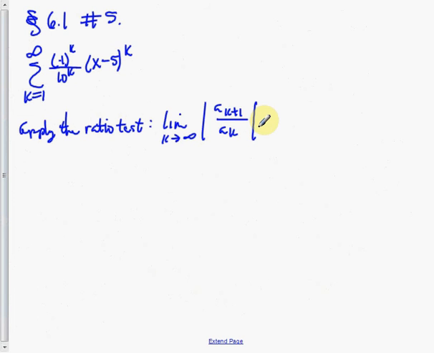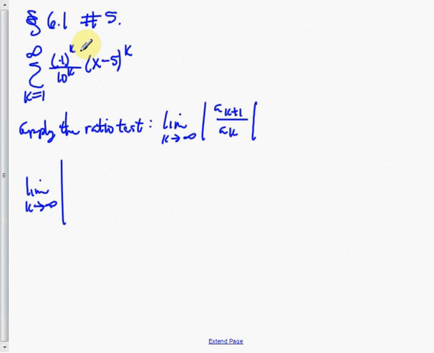Here, since we have this multiplier of x, you can manipulate even the ratio test. So this is the limit as k goes to infinity of the absolute value. Now, we're taking the absolute value, so negative 1 to the k plus 1 divided by negative 1 to the k gives the absolute value of negative 1, which is just still 1.